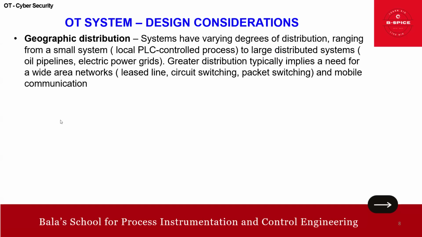Then geographical distribution. Some systems have varying degrees of distribution, ranging from a small system like a local PLC to a large distributed system like oil pipelines or electric power grids. Greater distribution typically implies a need for a wide area network, probably leased line, circuit switching, packet switching, and mobile communication technologies.